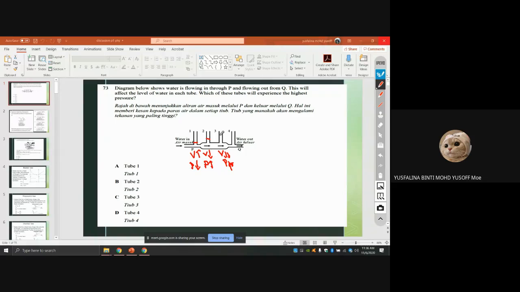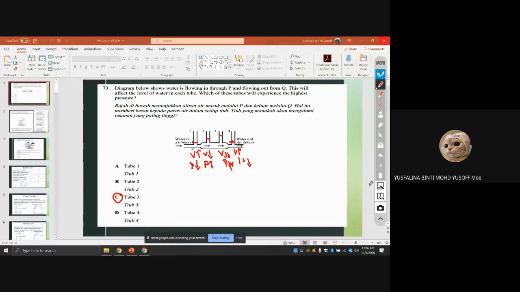This one is high velocity, so the pressure is low, so it will be like here, same as this one. The question asks for the tube that has the highest pressure. So the highest pressure is tube 3. The answer is C.